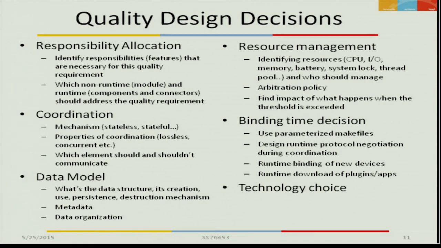For example, what commercial off-the-shelf tools you can use to implement certain functionality, what development environment you are going to use for the developers, and what configuration management tools one can use. These are various technology choices that the architect needs to make.